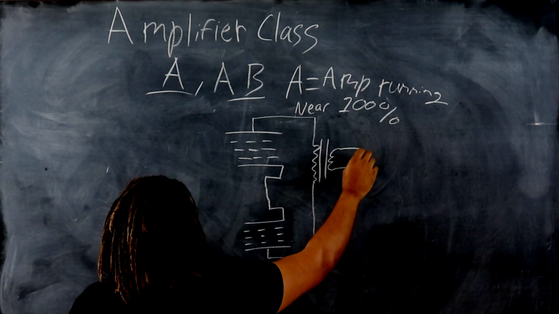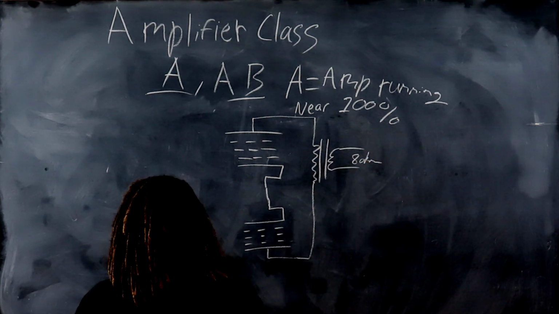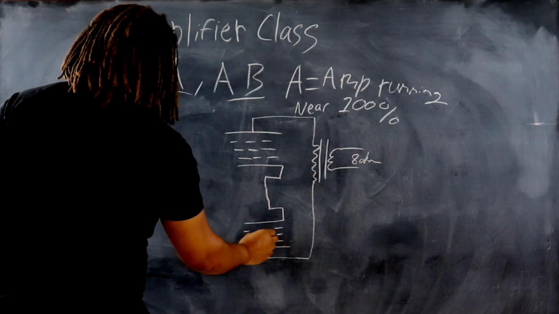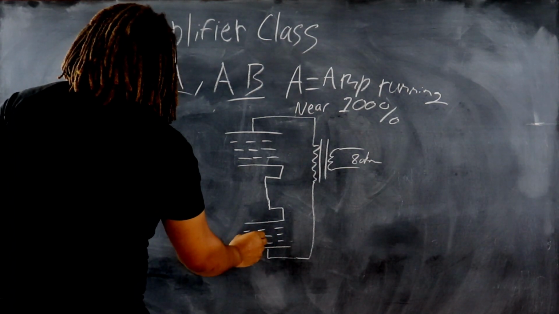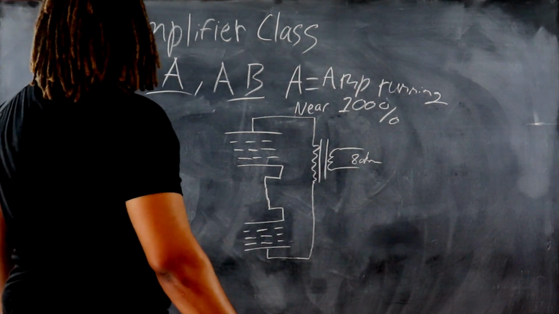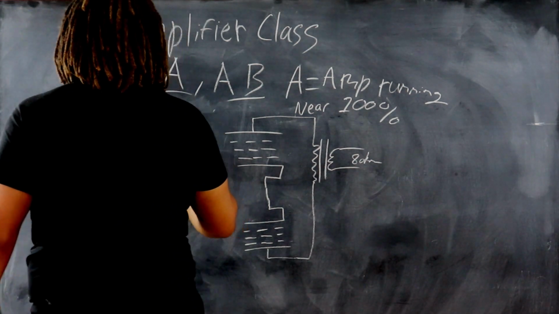And whatever your impedance here for the speaker, let's say it was 8 ohms, would be there. But now, of course, to drive these pentodes, what do we need? Well, we need two signal sources.